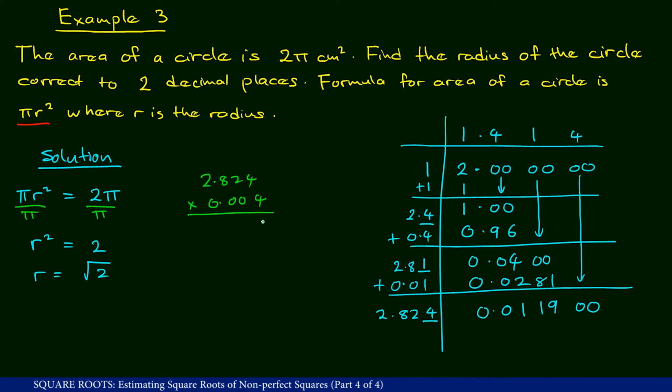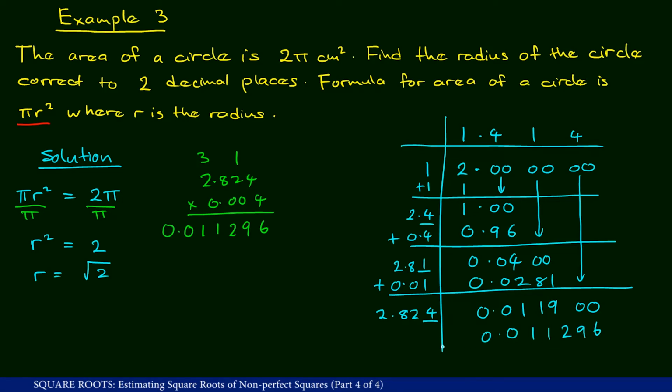So 4 times 4 is 16. And 2 times 4 is 8 plus 1 becomes 9. So 8 times 4 is 32. 2 times 4 is 8 plus 1 becomes 11. So this is going to be 6 decimal places. So this is the answer then: 0.011296.